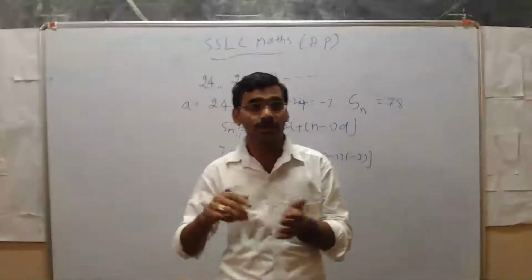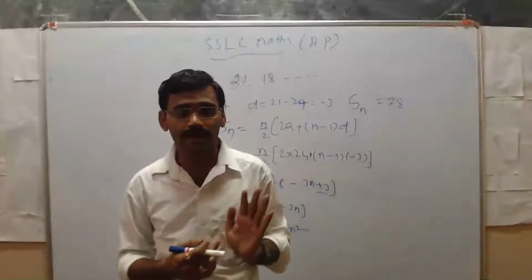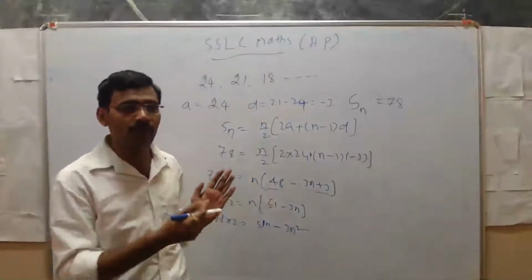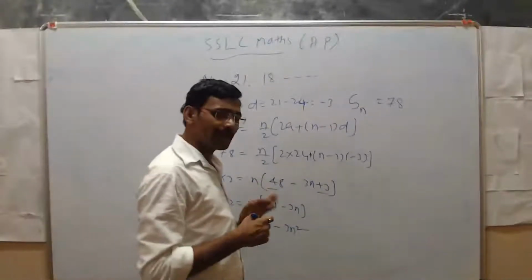Then 78 into 2 is equal to n into (48 plus 3 is 51 minus 3n). After multiplication, 78 into 2 is equal to 51n minus 3n square.